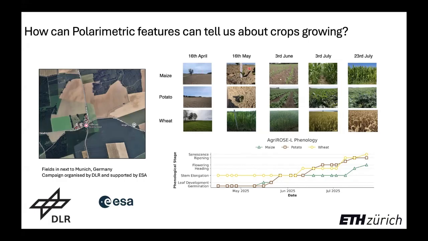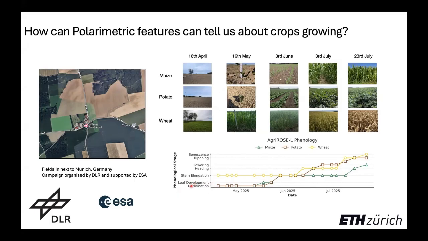And then over time, from the time that we plant the seeds of the crops, we can see them develop, and we can quantify what is called the phenology, which is at which stage of growth your crop is in. And there are different stages.